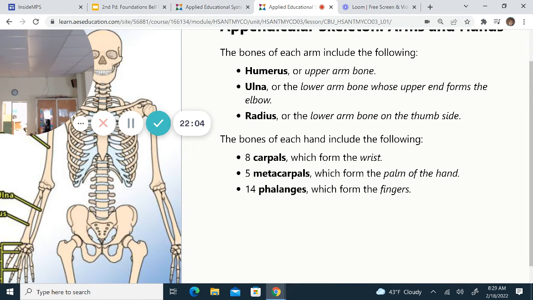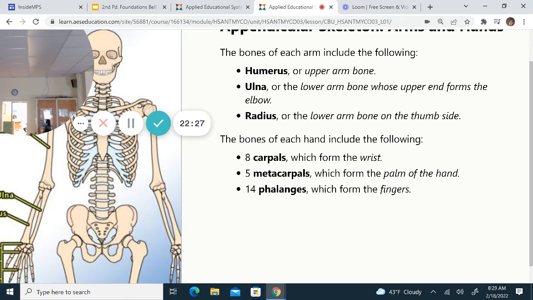Your pulse is where you feel your heartbeat, and you can take pulse in different places. So I draw blood from the radial artery. I know it's on my thumb side, because that's where I'll feel, and that's where I'll stick my needle if I'm taking blood. Then your ulna is on your pinky side. So you got your radius bone, you got your ulna bone.